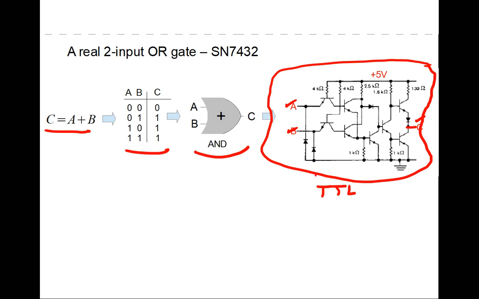There are many different logic families. But you don't have to worry about this. As far as you're concerned as a logic designer, you just purchase this. So this becomes a black box, and you totally focus on this particular side.